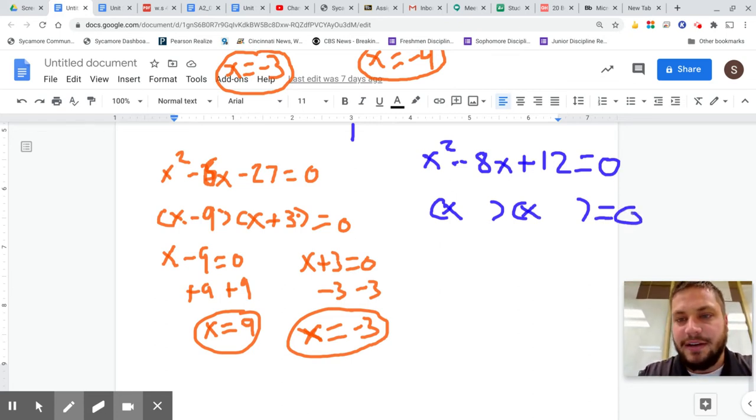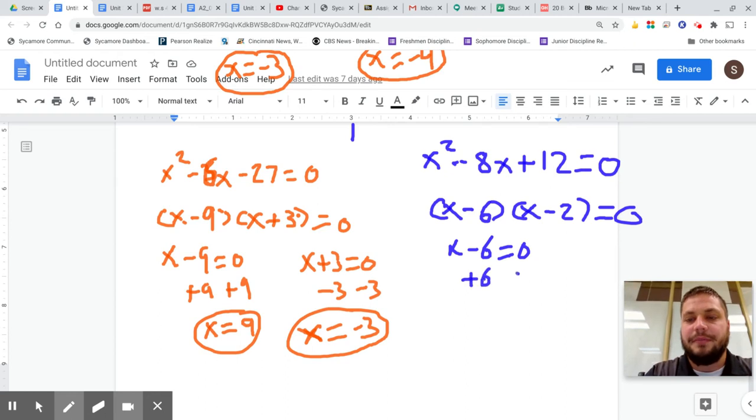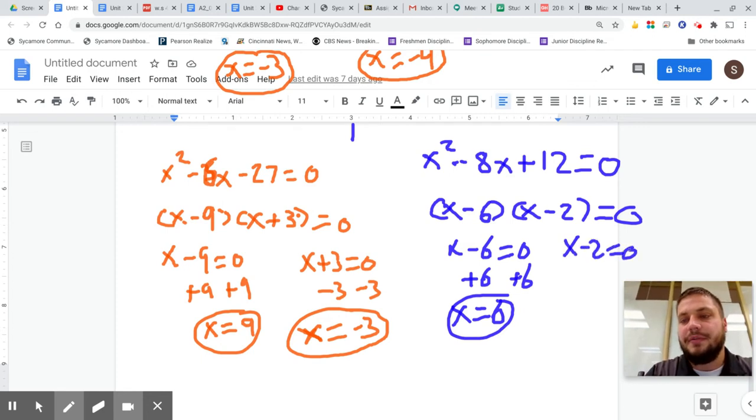Since these two numbers add to be negative 8, they must both be negative. So two numbers that multiply to be positive 12 and add to be negative 8 are negative 6 and negative 2. So when I set x minus 6 equal to 0, my first answer, of course, is 6. When I set x minus 2 equal to 0, my second answer here is 2.